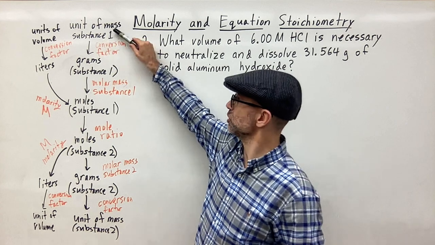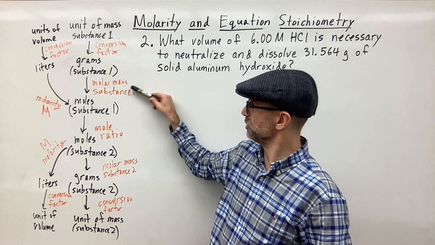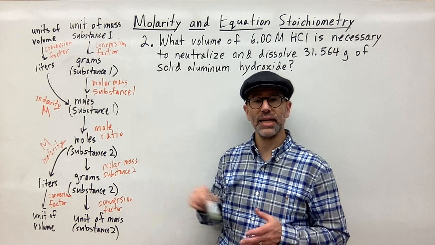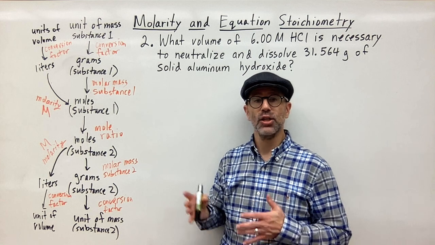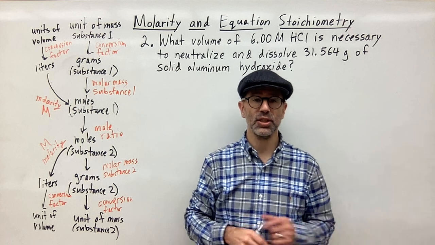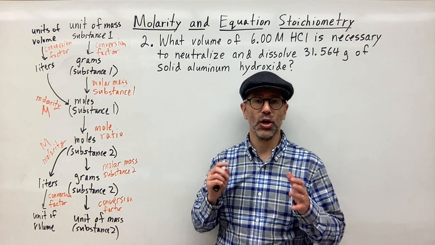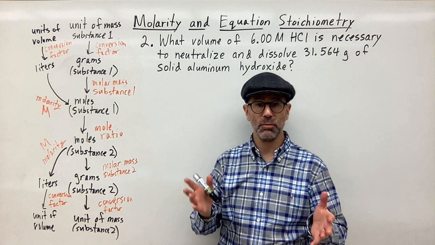So we would use the molar mass of substance one to convert to moles of that substance. Once we got to moles, we can use the mole ratio from the balanced equation to convert from moles of one substance to moles of the other substance. What I've always said in stoichiometry problems is that the goal is to get to moles. Whatever unit you're given, get to moles.